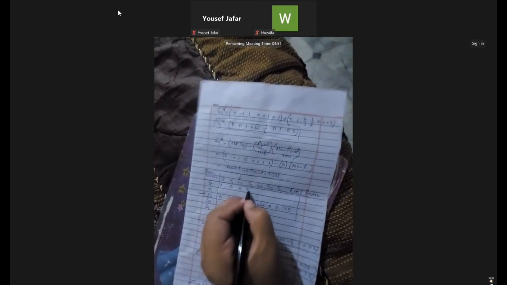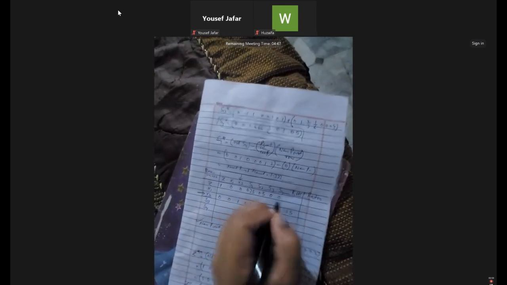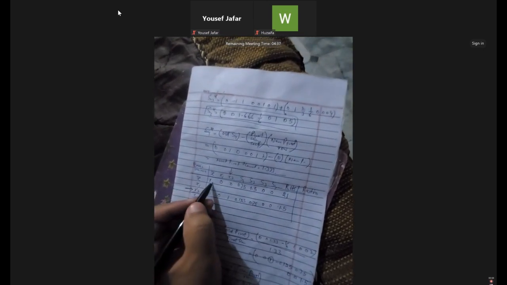So it is 1, 0, 0, 0.75, 0.5, 0, 0, and the right hand side becomes 21. Now what we see is that in row 0 we have no negative. It means that we have arrived at our optimal solution, and 21 is the optimal solution for this problem.